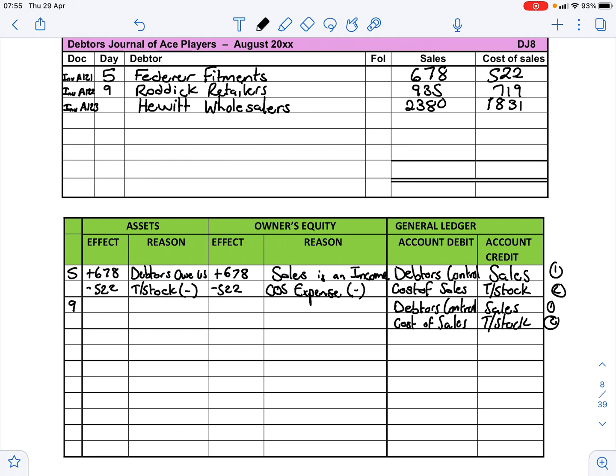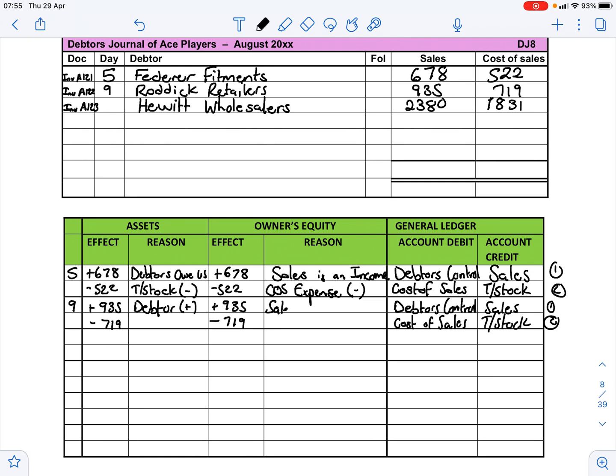Alright. Remember, step 1 is always a plus plus with our selling price, which was 935. And step number 2 is always a minus minus with our cost price of 719. And the reason is debtors owe us more, so I'm just going to put it increasing.